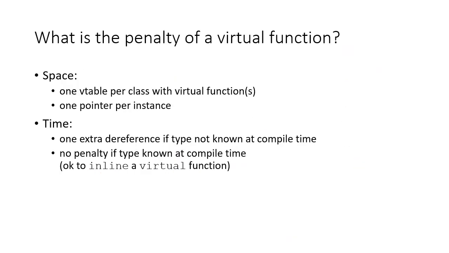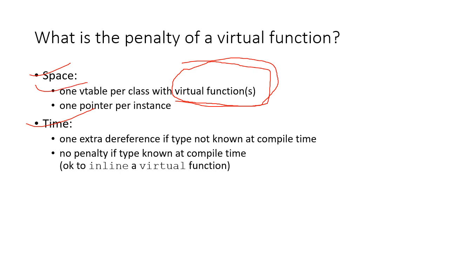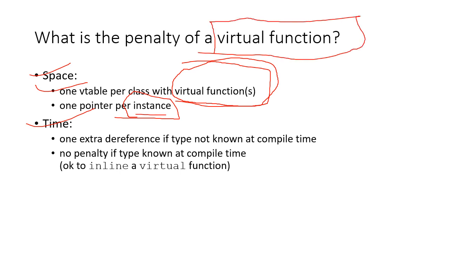So now, what is the penalty of a virtual function? See over here, there are different penalties for space and for time. In case of space, one variable per class with a virtual function, that is the penalty in space, and one pointer per instance. That is the penalty for the virtual function.